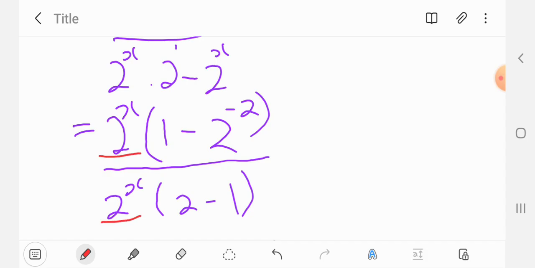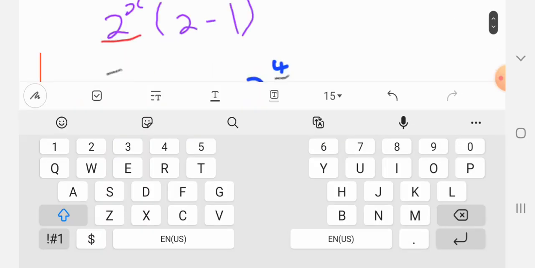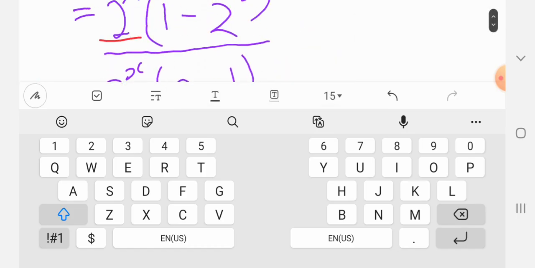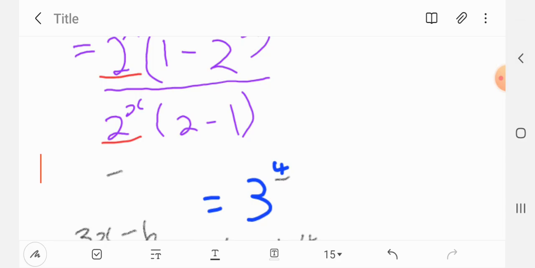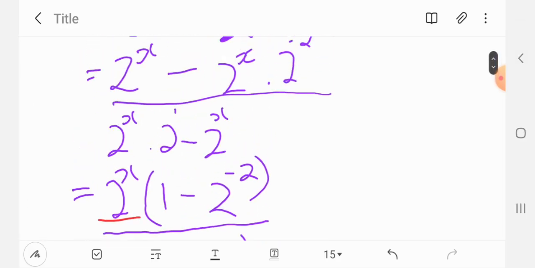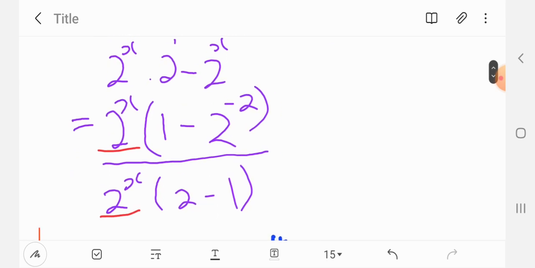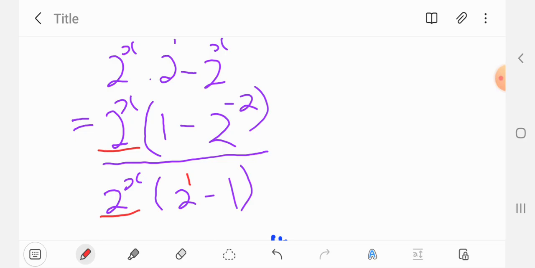Okay, and now inside the bracket we have 1 and the 2 to the power of 2 at the top and the 2 to the power of 1. We can still say 2 to the power of 1 here. Okay, this 2 to the power of x minus this 2 to the power of 1 will give us 2 to the power of x, 2 to the power of 1, and then this 2 to the power of x plus this 1 will give us 2 to the power of x.